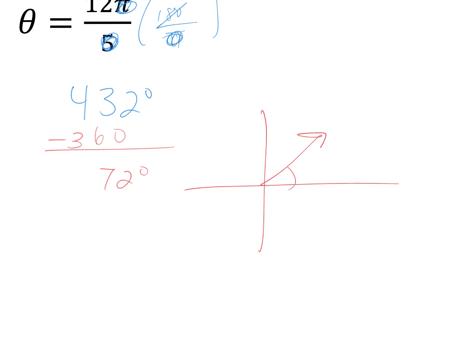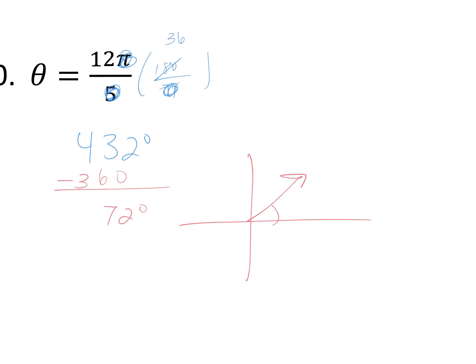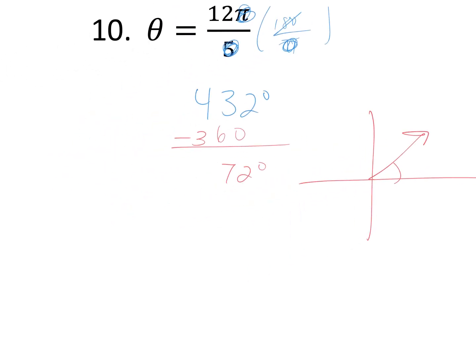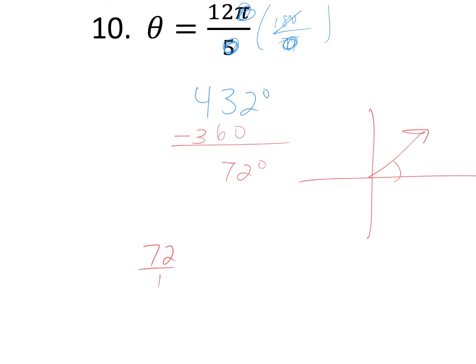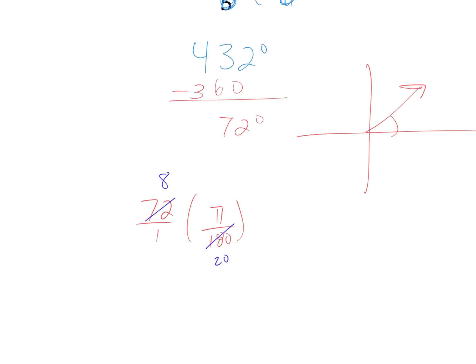So I know my reference angle is 72 degrees, but my answer should be in radians, so I have to convert back. Take your time here. What number goes into both 72 and 180? 9. So this becomes 8, and this becomes 20. What number goes into both 8 and 20? So this becomes 2, and this becomes 5. So 2 pi over 5.